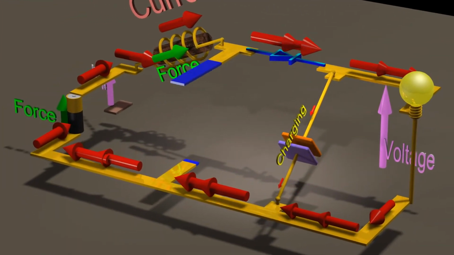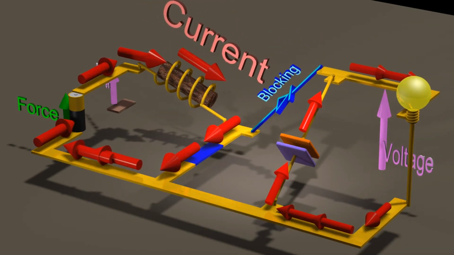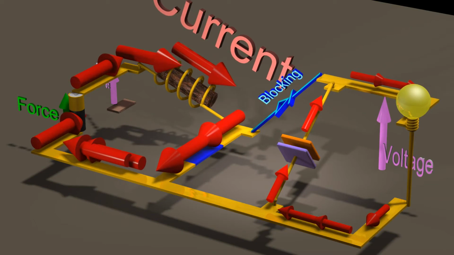We can control the value of the DC output voltage at the light bulb by controlling the percentage of time that this switch is on.